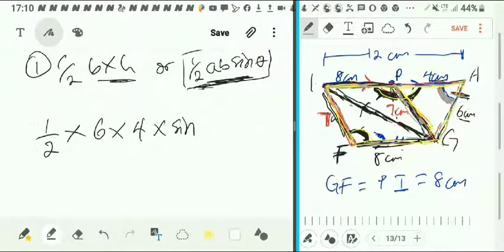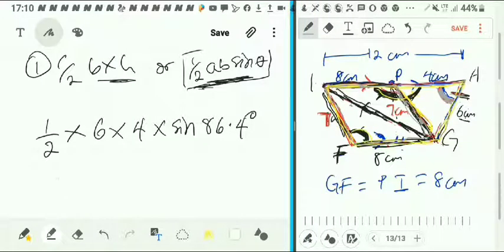This is the theta here, and we worked this one as 86.4 degrees. When you punch this in your calculator, you're going to get what?